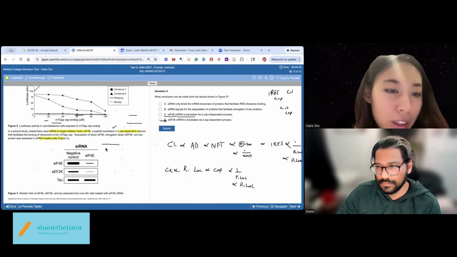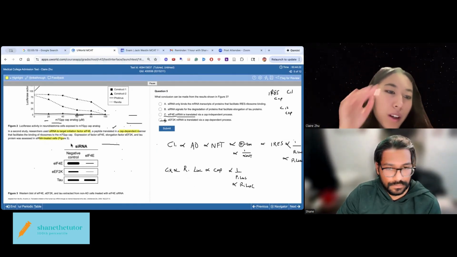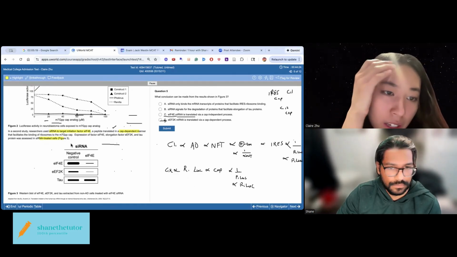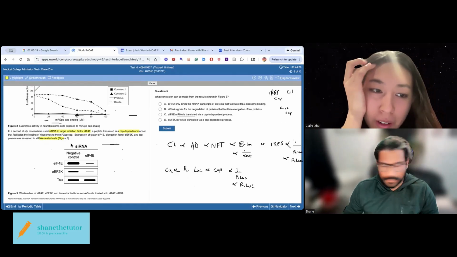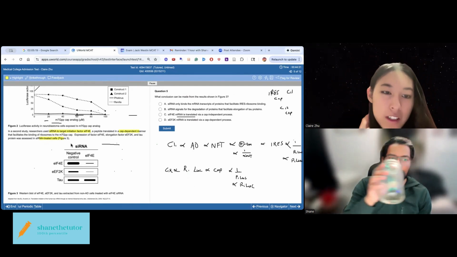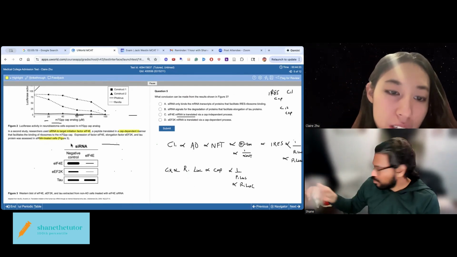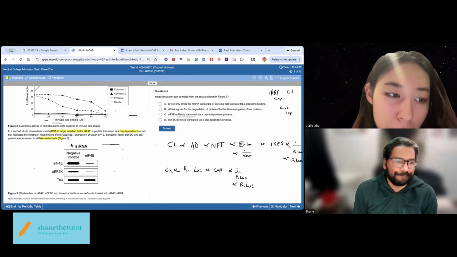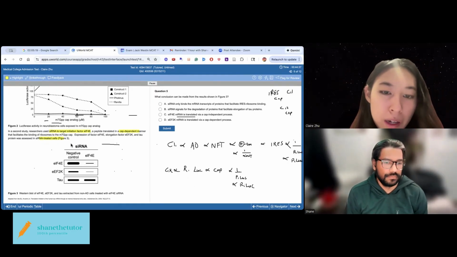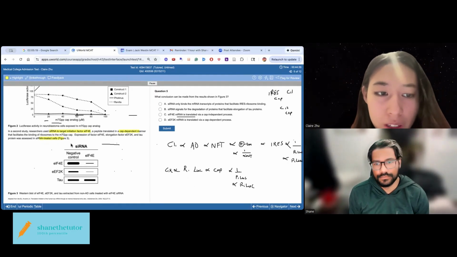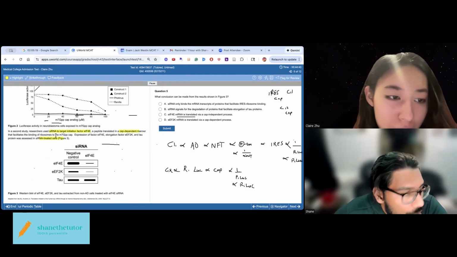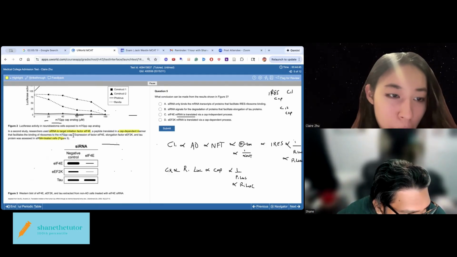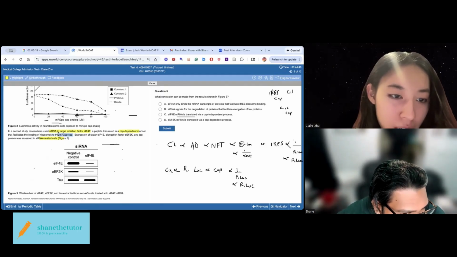I'll try to interpret figure 3. So in the second study, researchers use siRNA. Off the top of my head, I honestly don't really know what siRNA is, but I'm just going to try to continue. So target initiation factor, a peptide translated in a cap-dependent manner. So here, maybe I would put a proportion between this and cap, that facilitates the binding, and then proportion sign again to this.